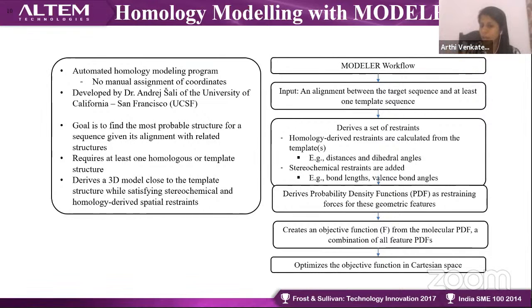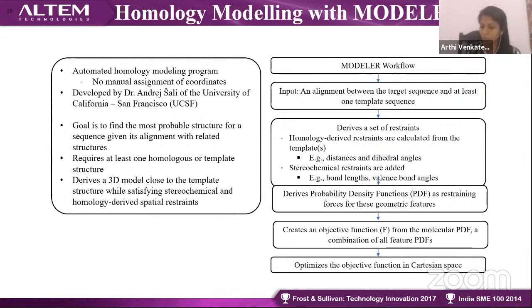Once you have predicted it, you can create the objective function from the molecular PDF, which combines all the feature PDFs. Then you will be having that objective function in Cartesian space. So this is the exact workflow used in the Modeler algorithm.